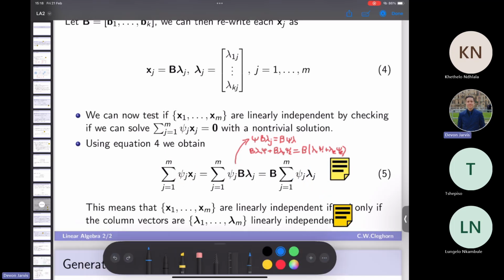Okay. So what does that mean if we're trying to take a slightly broader perspective? If I have some vectors x written relative to some basis b, then if my coordinates are linearly independent, my x vectors will be linearly independent. Okay, the vectors I construct from that basis will be linearly independent.